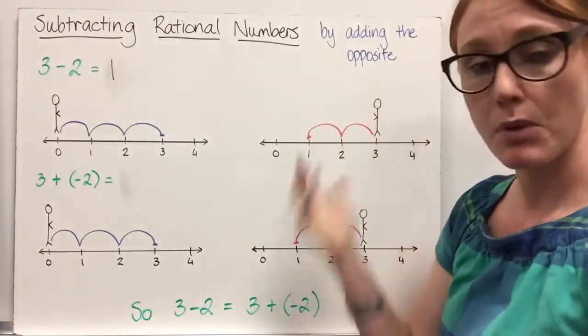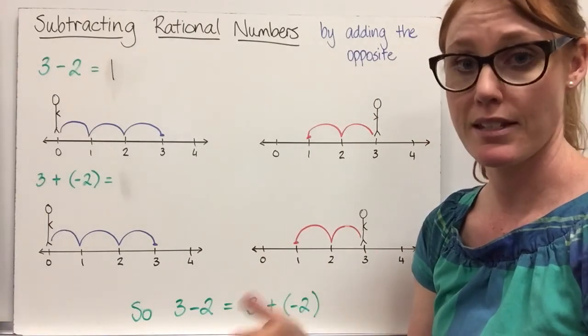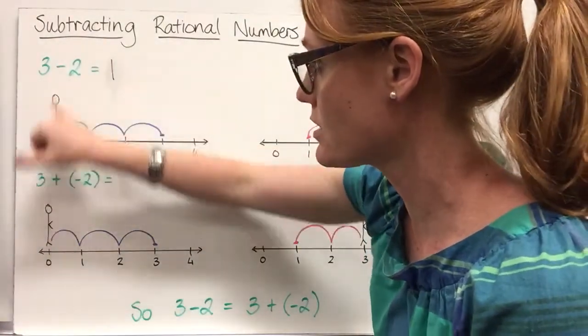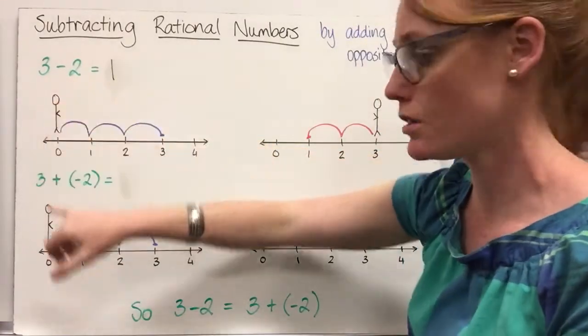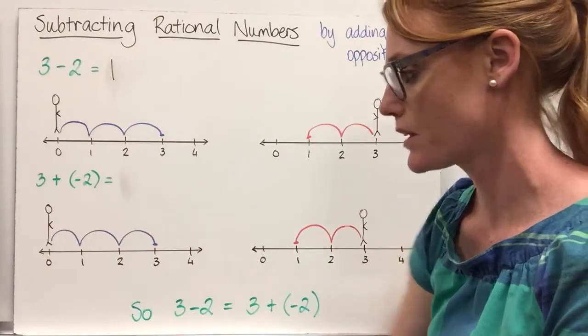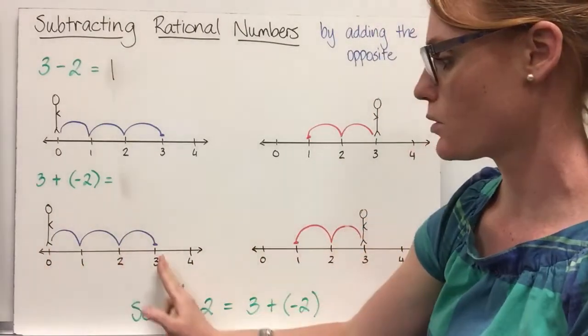Now, remember our key concept said that if we are subtracting an integer, we can instead add its opposite. So instead of subtract, we're going to add, and we're going to add the opposite of 2, which is -2. So now we have 3 plus -2. So we start on a number line, walking forwards to 3, 1, 2, 3.